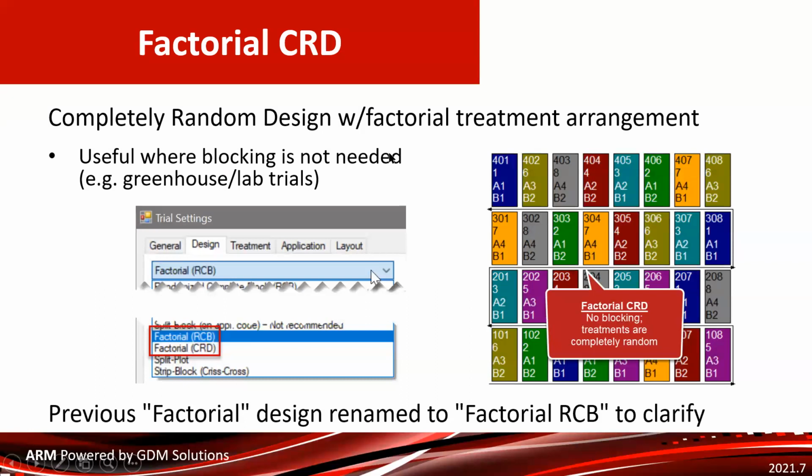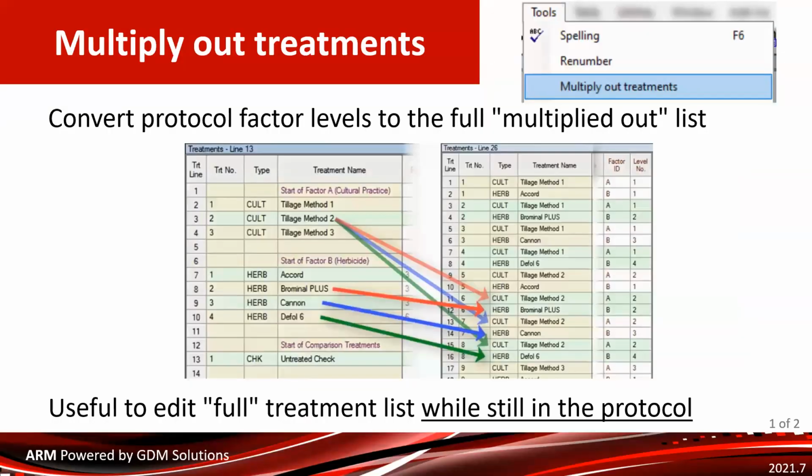All right, so we already talked about the difference between the factorial RCB and the CRD. But I did want to show one other function here while we're in the protocol, a 2-for-1. First, I'll borrow this screenshot to show what I mean when we create the trial.